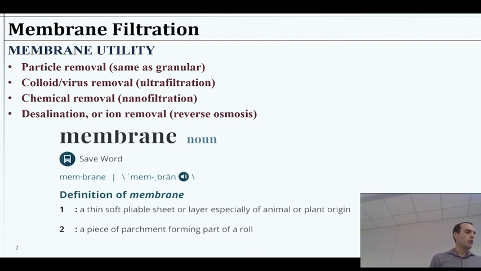So I could take these sheets of paper here, well, so I don't show the class somebody's exam, I'll grab some other paper, and you can treat this as a membrane, right? It's thin, it's pliable, it's flexible, it's a sheet, right? It's a layer.